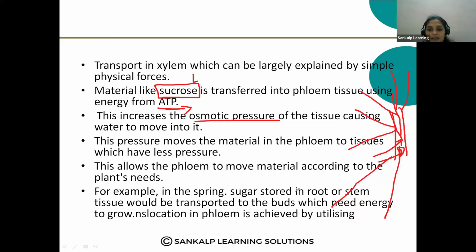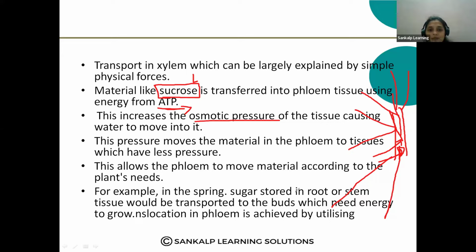How is the food material transported? This question was asked many times in your board exams: how does the conduction of food material take place inside the phloem tissue? So this is what you have to write.